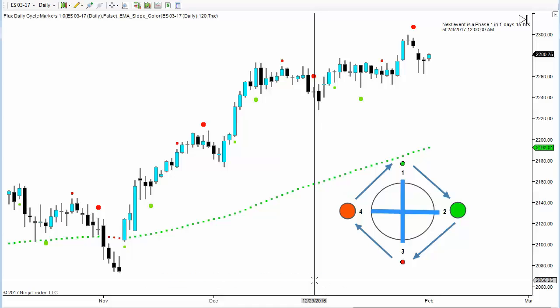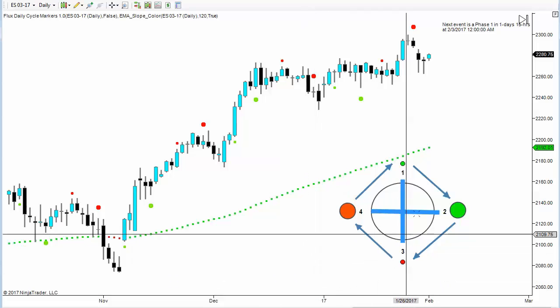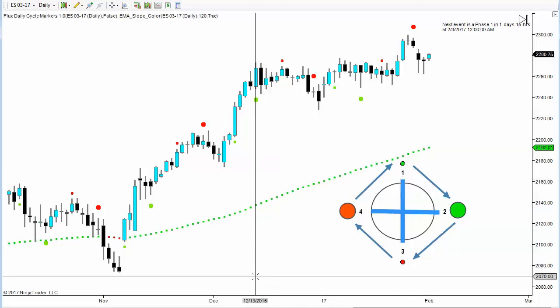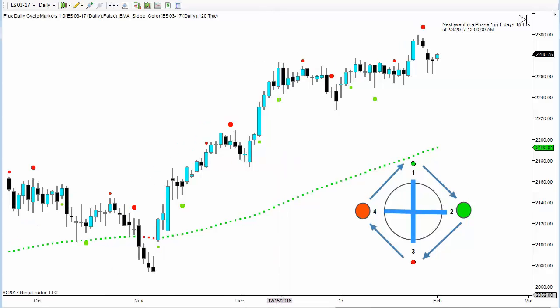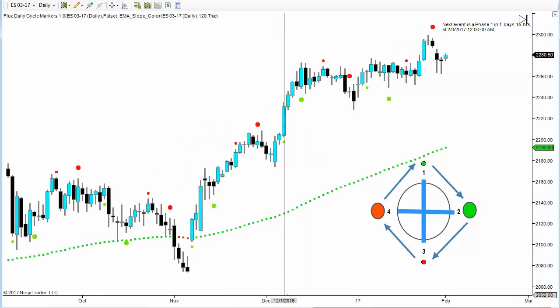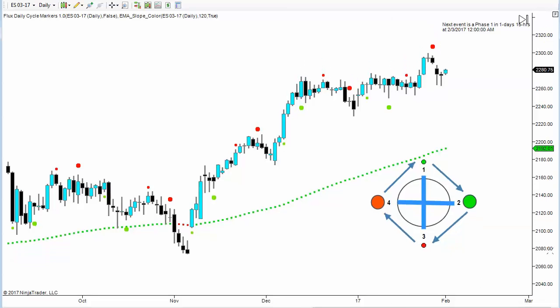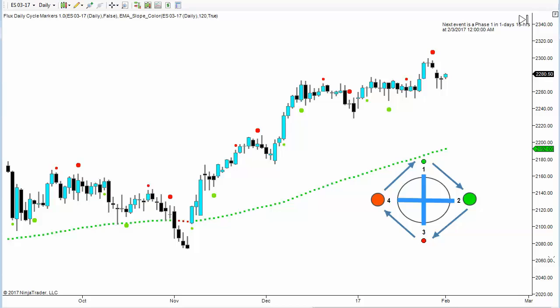So one of the things we can start to surmise looking at the chart is that different phases share very unique characteristics in relation to what happens when we come upon them. And you'll find this carries over and across down through our intraday flux analyses.